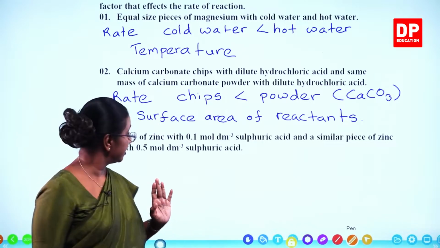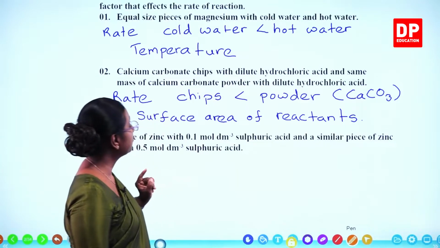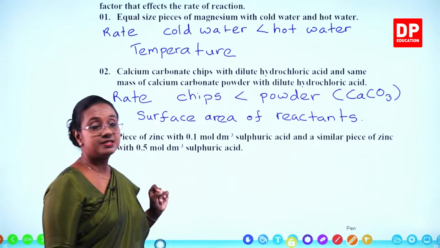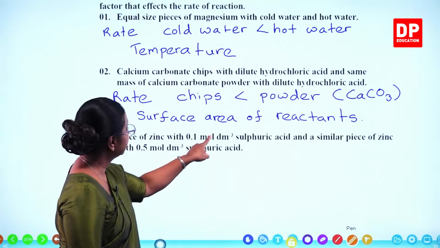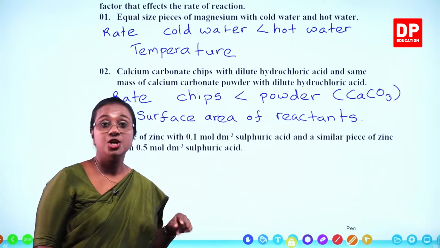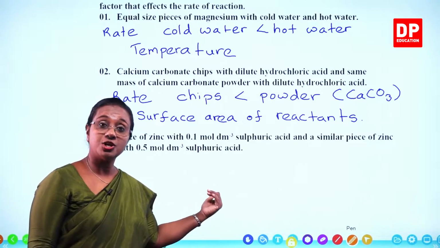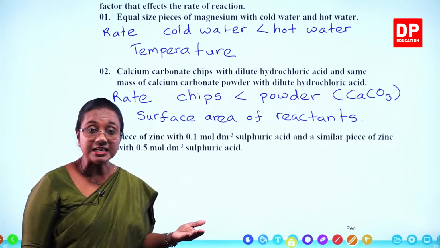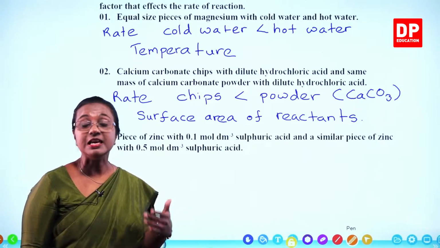Then what is the difference? They use 0.1 mole per dm cube sulfuric acid and 0.5 moles per decimeter cube sulfuric acid. This has less concentration, this has more concentration. So they are changing the concentration of sulfuric acid. So when the concentration is higher, the rate of reaction will be higher.